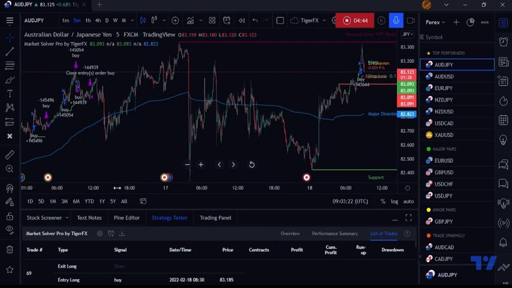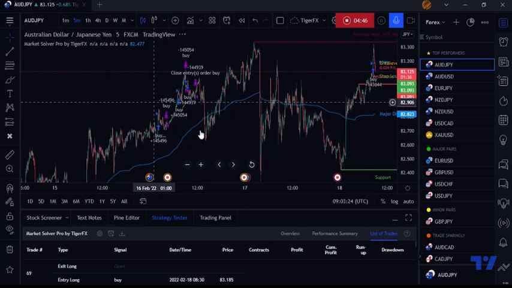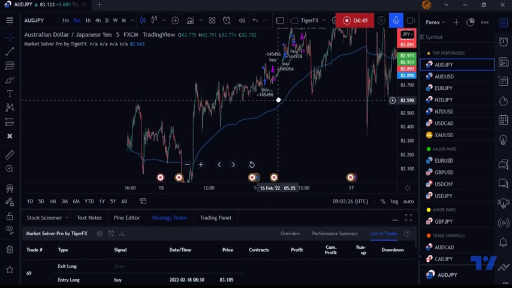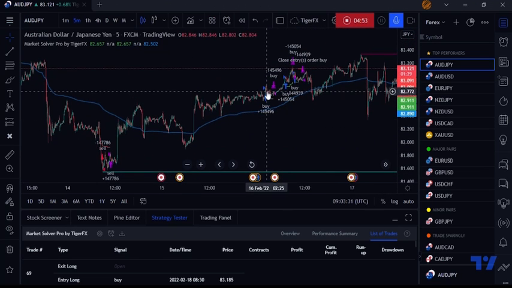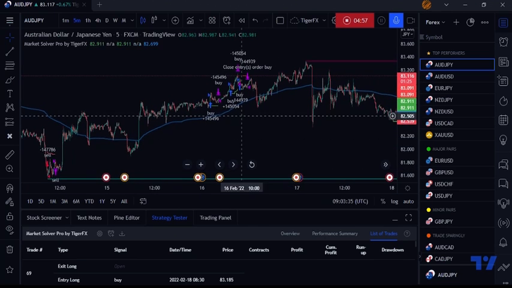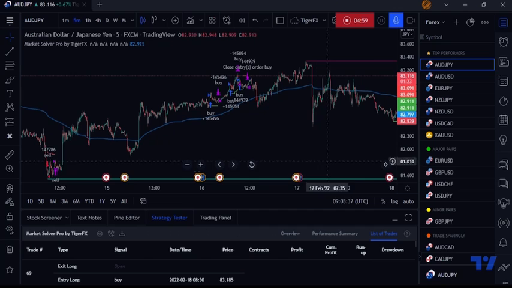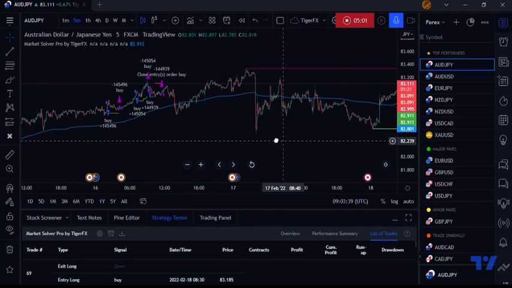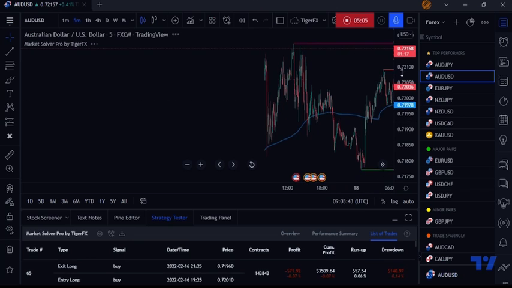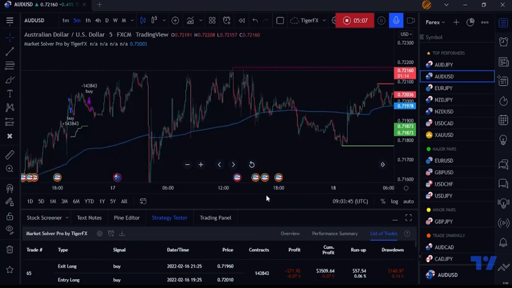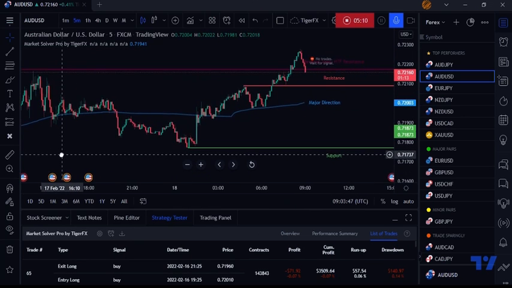Take this out. Yeah, it's been very choppy, right? So I think I tried an entry here, got chopped out, so I stayed away. I think I took two entries on Aussie, and it was very choppy until we caught that nice move on gold.